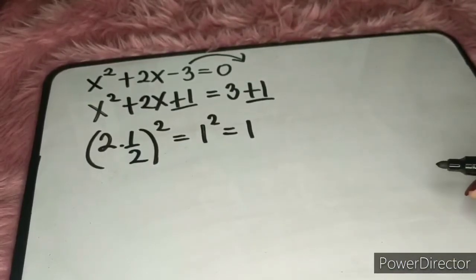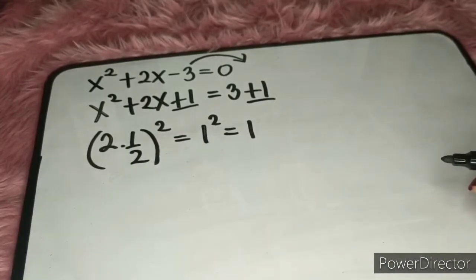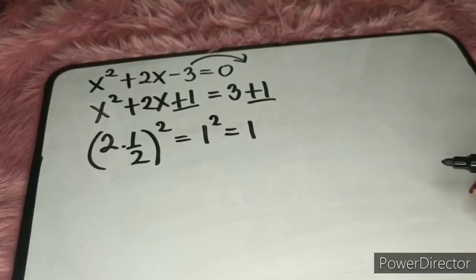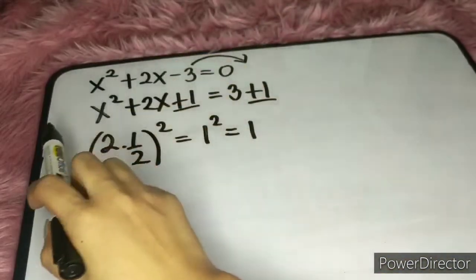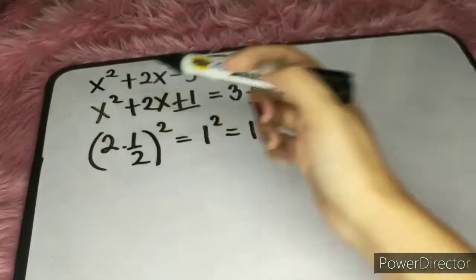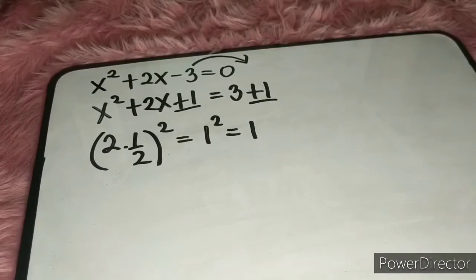And for the next step, we will be factoring the side making a perfect square trinomial, and we will write it as a square of a binomial and do the indicated operation on the other side containing the constant term. So this is our perfect square trinomial side and this is our constant term side.